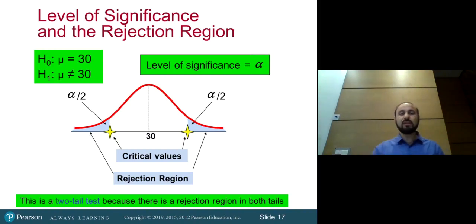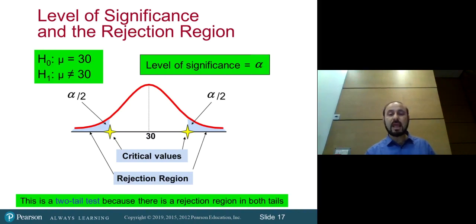Now, it is very, very important to know about decision making. The level of significance helps us identify the rejection region, and hence we can go for the decision making. Remember our example: mu is equal to 30, and the alternative hypothesis is mu not equal to 30. The level of significance we talk about is alpha. This is mu, the population mean, which is 30.